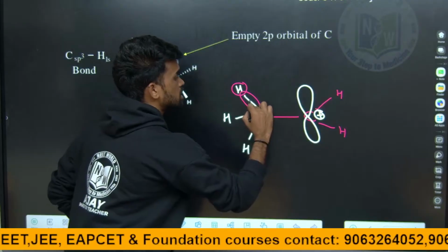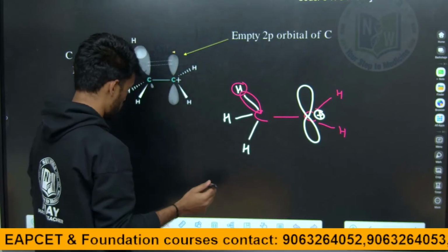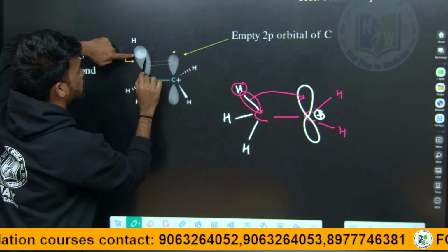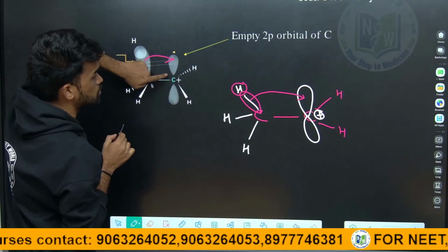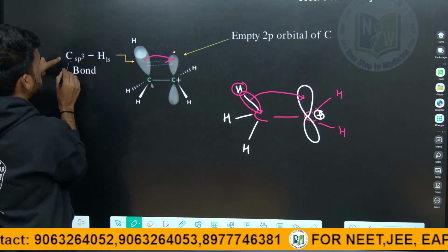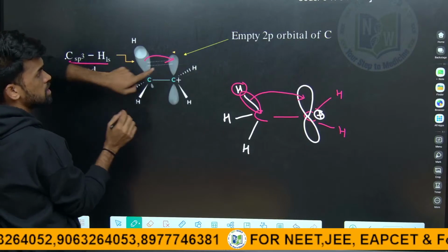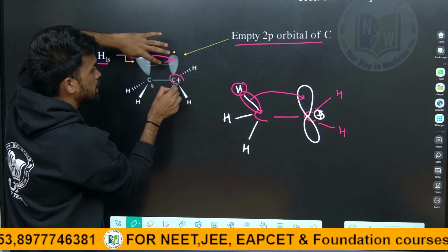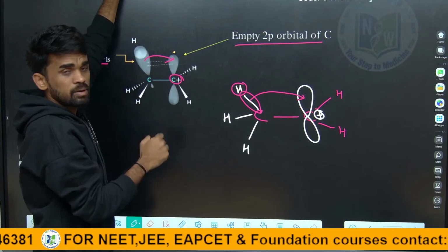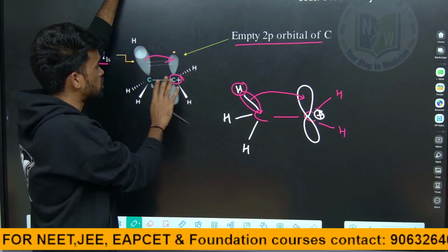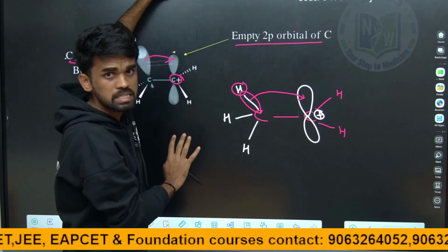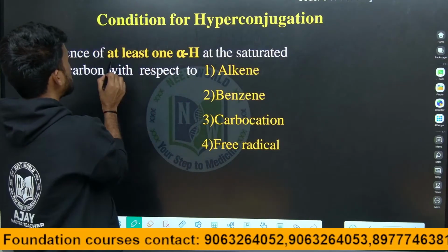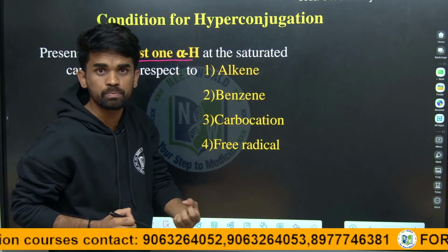These sigma bonded electrons will shift over here. See, this is how the sigma bonded electron cloud shifts and stabilizes this carbocation. This is the sigma bond of carbon and hydrogen shifting into the empty 2p orbital of this carbon. Therefore, its valency gets satisfied by filling its octet configuration. That's how the carbocation stabilization takes place. I hope this is clear. Next, let us see the condition. I told you at least one alpha hydrogen should be attached.